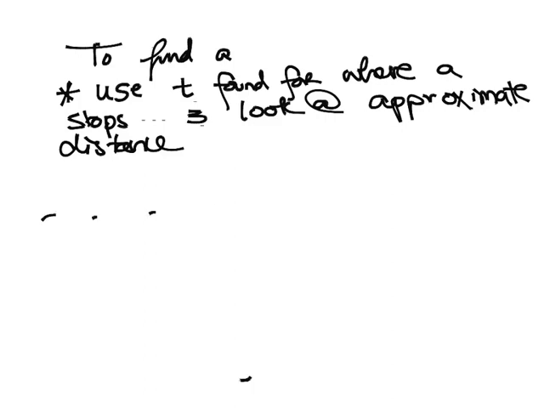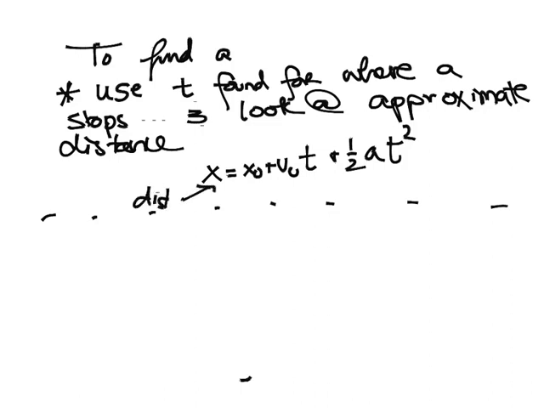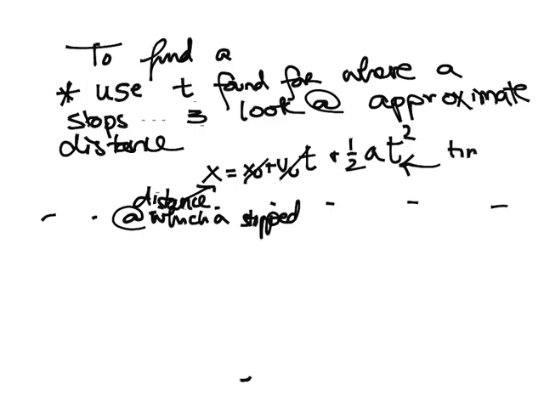There's going to be two methods again, and you can use x equals x naught plus v naught t plus 1/2 a t squared, where x is the distance at which acceleration stopped, x naught and v naught are 0, and t is the time found at which acceleration stops.